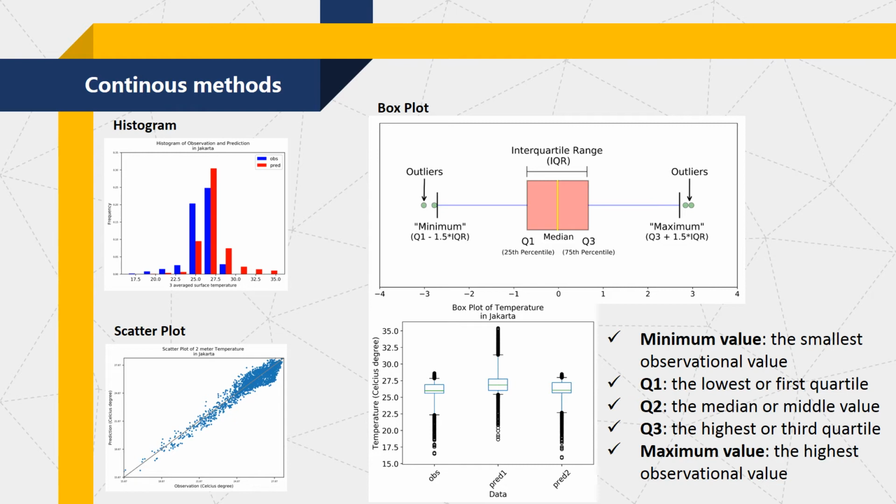The next is scatter plot. This method is as simple as plotting the forecast value on the horizontal axis against the observation value on the vertical axis, or vice versa. The ordinate and the abscissa should have the same scale before doing a scatter plot.